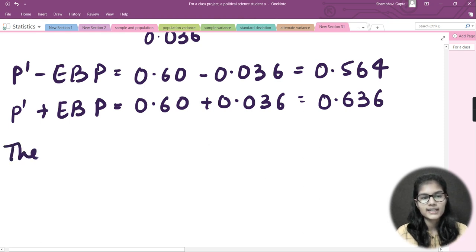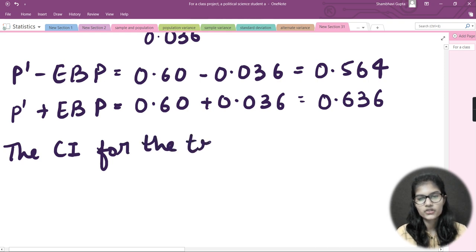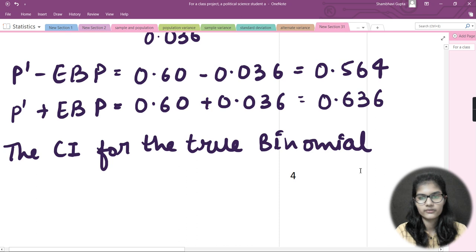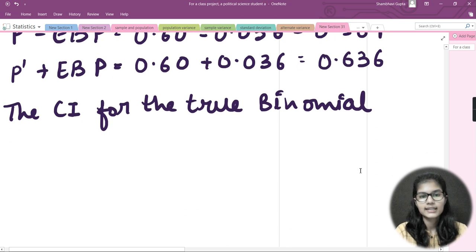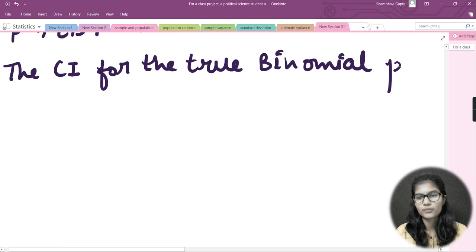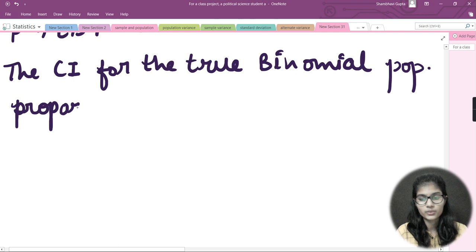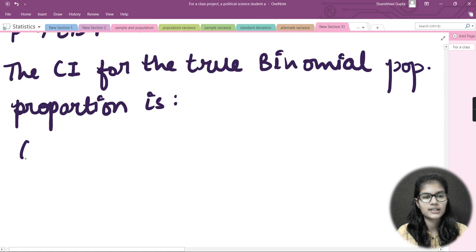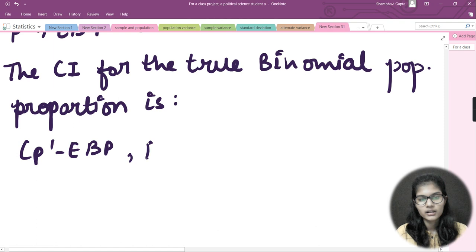Now, if I want to write the CI for the true population proportion, let me come down. The CI for the true binomial population proportion, the short form POP, is, and I would add that form here, that is P dash minus EBP, comma, P dash plus EBP.